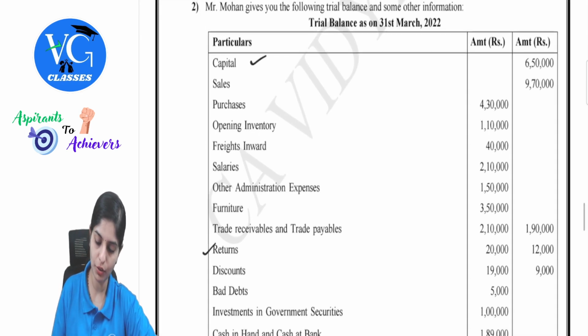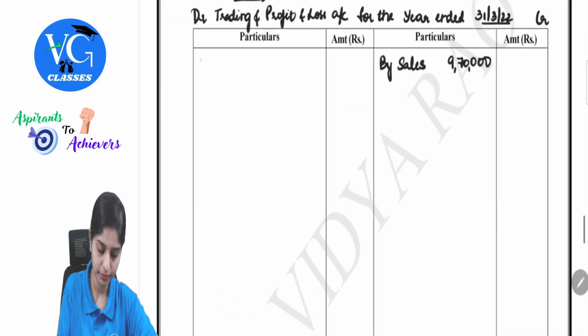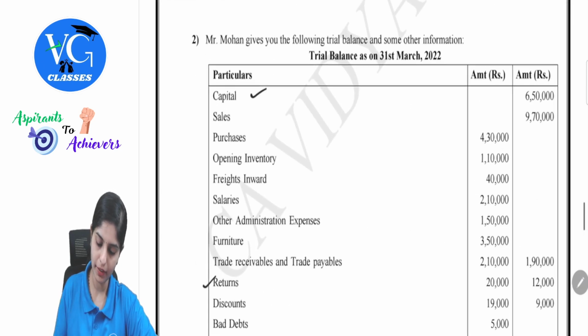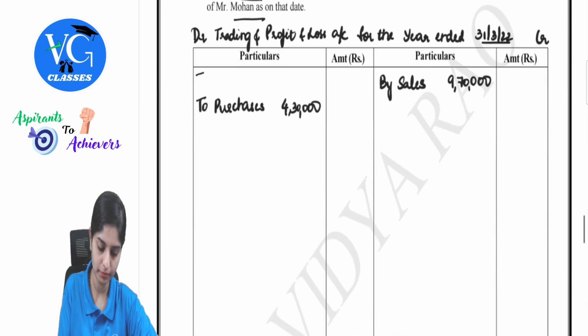Then purchases, 4,30,000. First will be opening stock. To purchases, 4,30,000. Then opening inventory, 1,10,000.